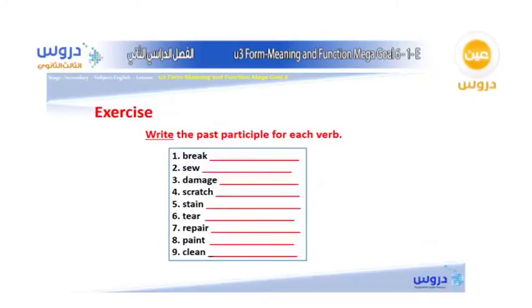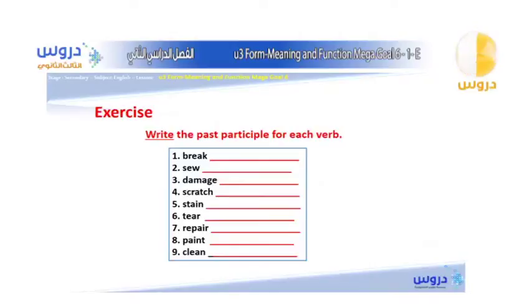Now, I want you to write the past participle of each verb. We have some irregular verbs and we have regular verbs. With regular verbs, we just add ed or d. And with irregular verbs, we have to know the past participle and memorize it.